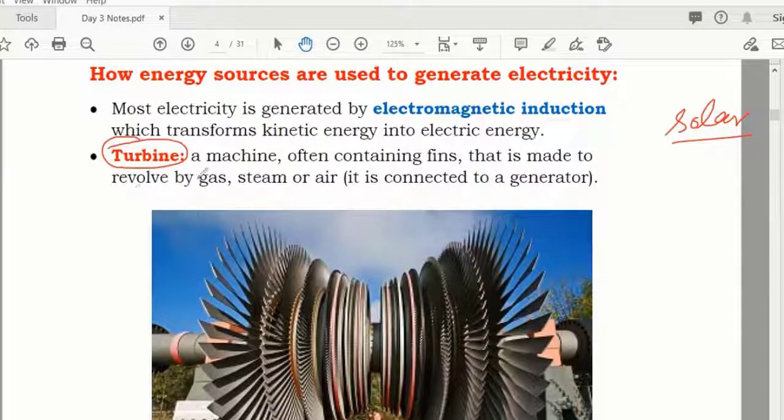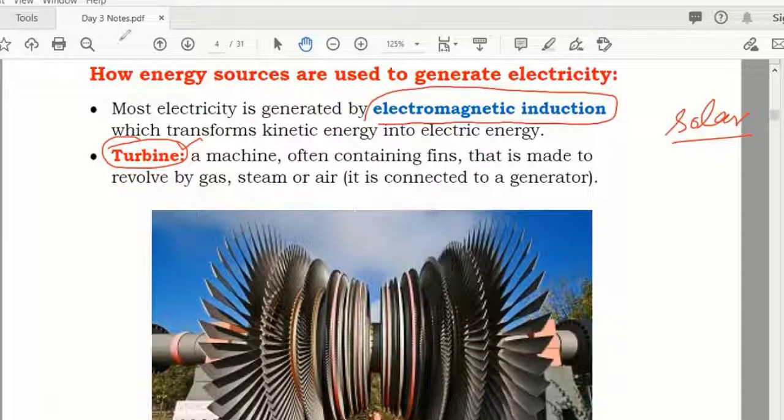In physics, you saw the AC generator, where the coil moves between two magnets and produces electricity. So you need a turbine and a generator to produce electricity with the help of the process known as electromagnetic induction. Now let's see what the turbine looks like.